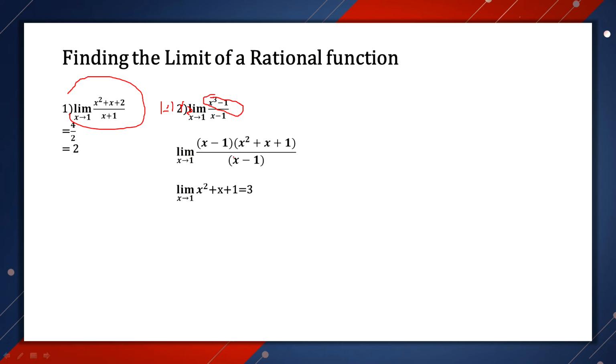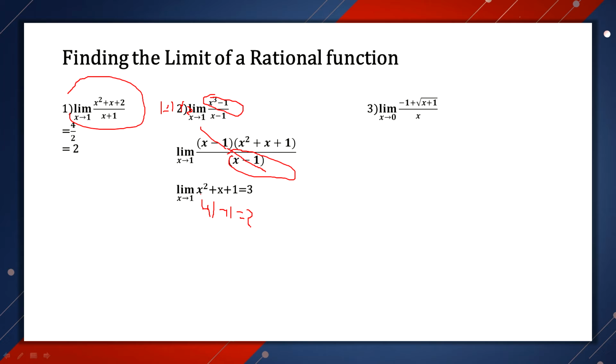And on the bottom here is x minus 1, so it's cancelled. The only thing remaining is x squared plus x plus 1, and then we put x equal to 1 into it. It's 1 plus 1 plus 1, so it's equal to 3.